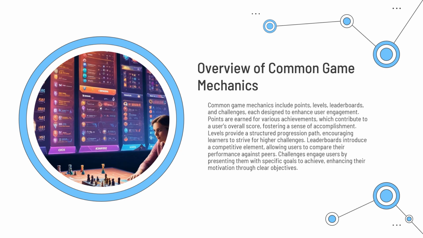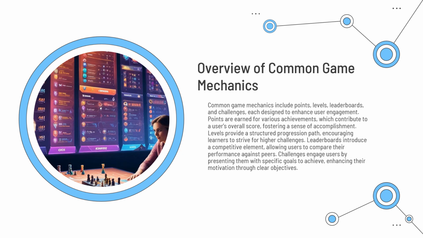Let's talk about some of the most widely used game mechanics. Points. Points earned for completing tasks. Points help learners measure their progress. Levels. They offer a sense of progression, encouraging learners to reach higher challenges. Leaderboards.